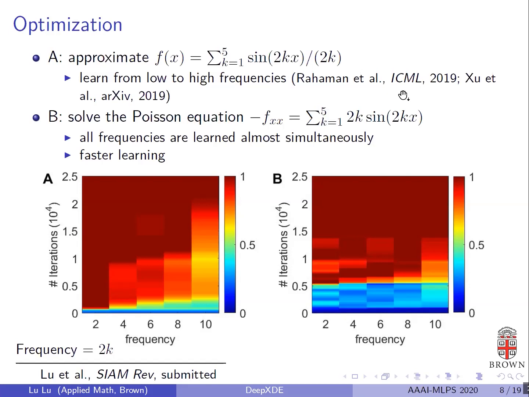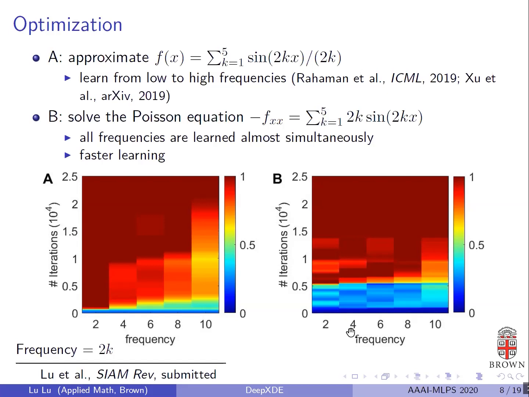But if we consider PINNs, let's solve a Poisson equation with exactly the same function as the first one. So the solution of the Poisson equation is the same as case A. Then we can do the same thing. We can look at the right figure, which is the training procedure of the network on this Poisson equation.